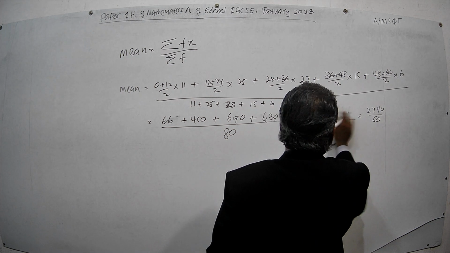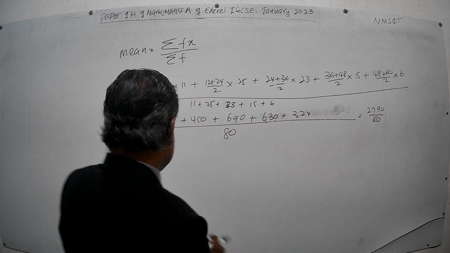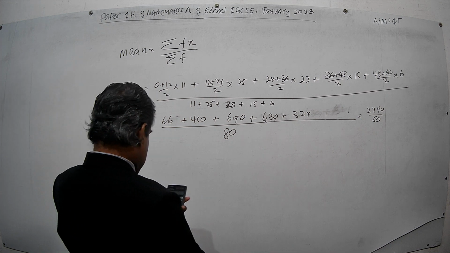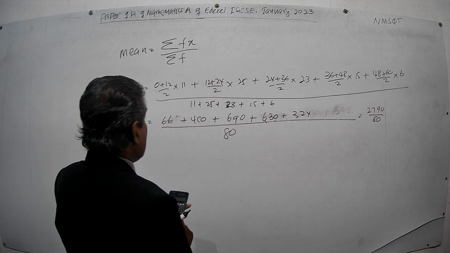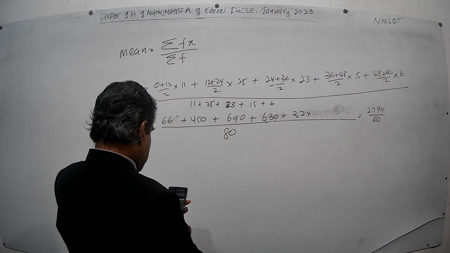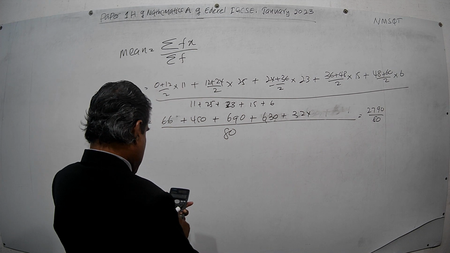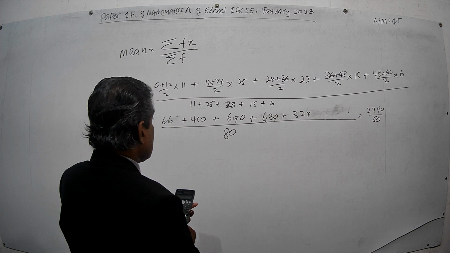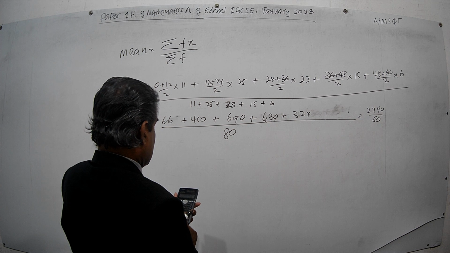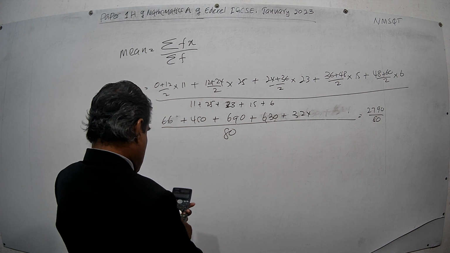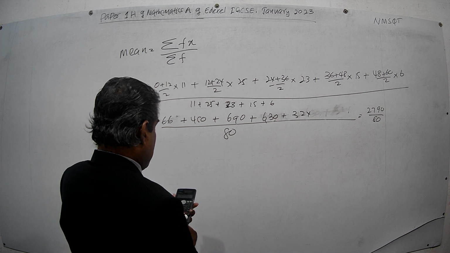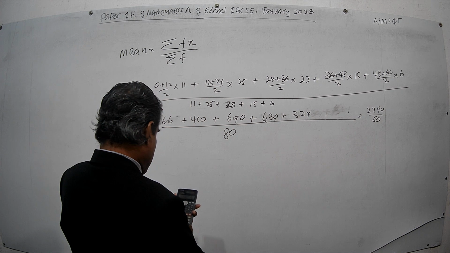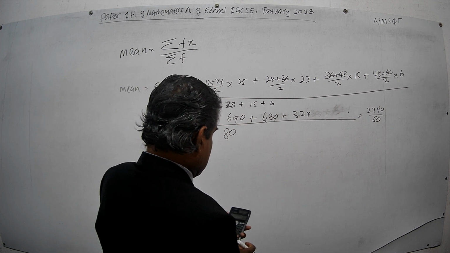Right, that's all. Now here, yes, we are adding again 66 plus 450 plus 690 plus 630 plus 324. Right, altogether how much?